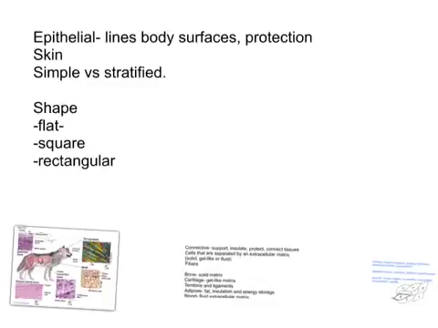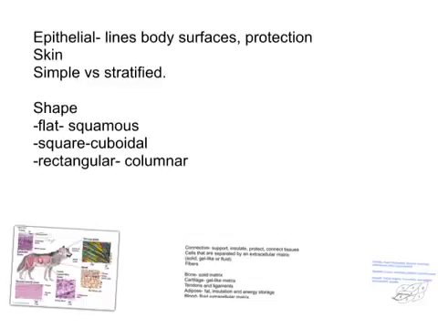If they're flat, that's called squamous epithelial tissue, and I'll draw that out in a second. If they're square, that's called cuboidal. And if they are rectangular, that's called columnar. What does that look like?